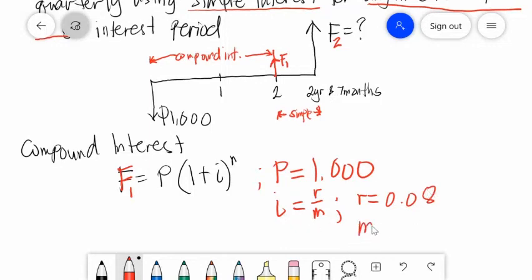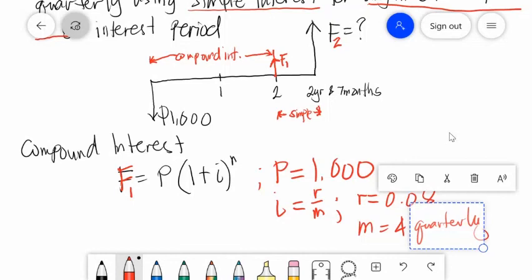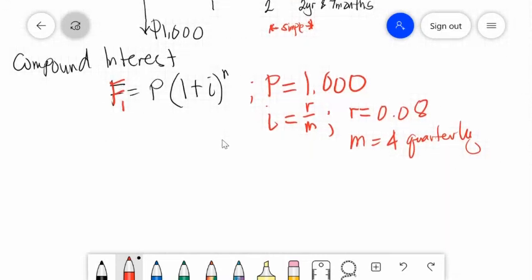Our M is 4 because quarterly. So our N is equal to MT. M here is quarterly.